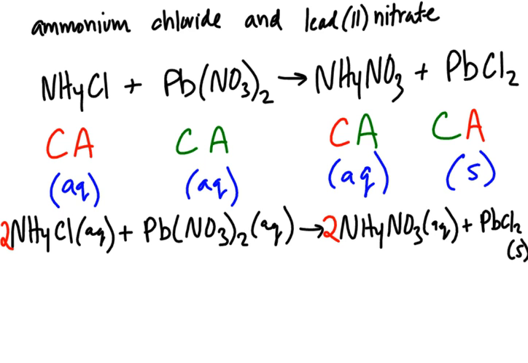And I actually already have 2 chlorides over on my product side, so that's good. So I have 2 ammoniums, I have 2 chlorides, I have 1 lead, and then 2 nitrates and 2 nitrates. So this is my balanced chemical equation. And that would be how to do a problem of predicting the precipitation reaction.